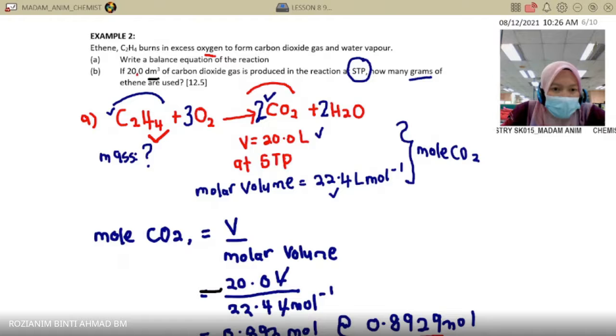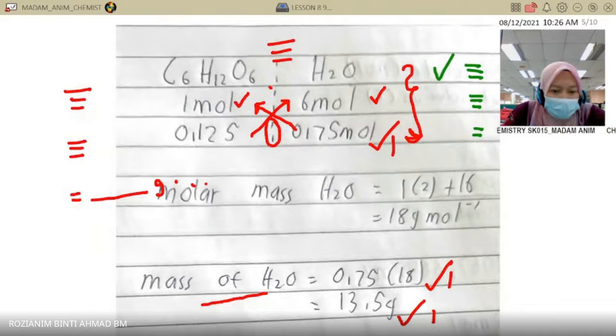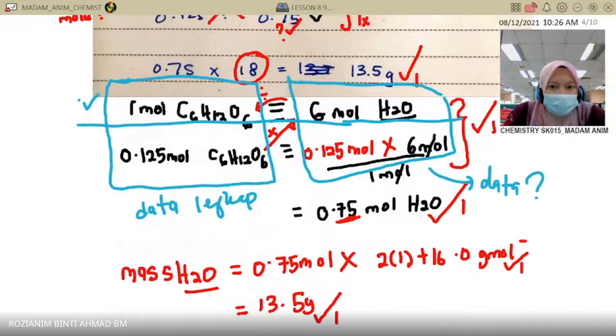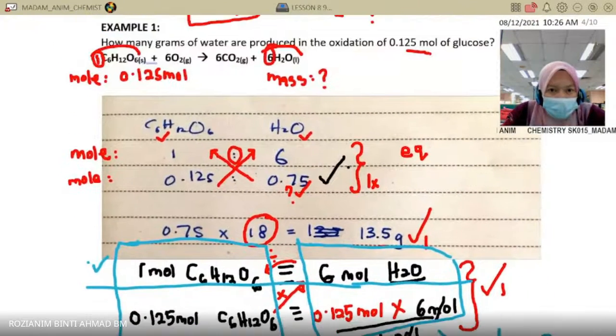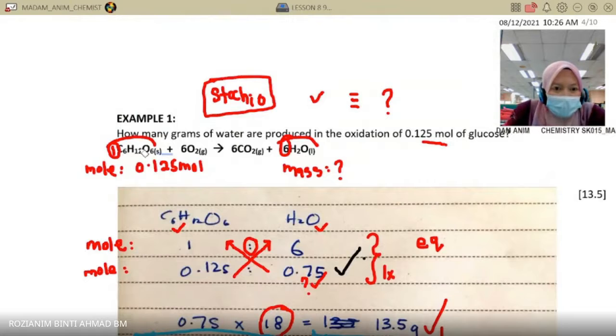Atau soalan yang sebelum ni, from this question, nampak tak? Dia hanya bagi maklumat satu reactant je. So maksudnya reactant ini yang digunakan untuk dapatkan mol water.